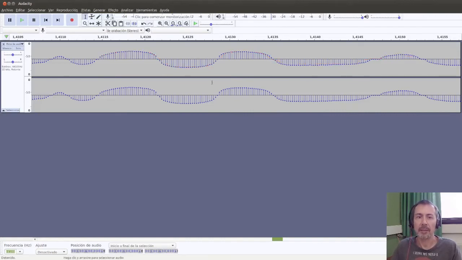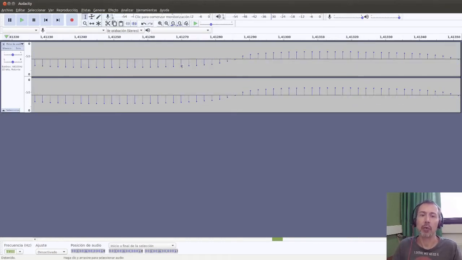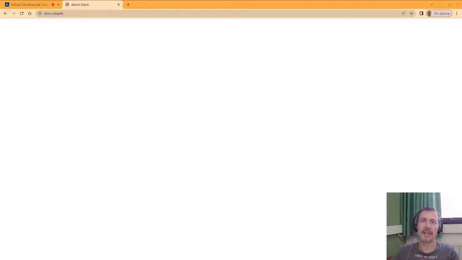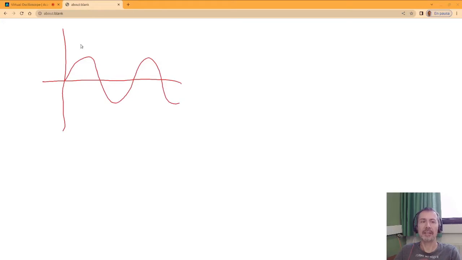Between any two points, we don't know what the value of the signal was, but we assume that it is continuous and we can reproduce the signal. This technique is called sampling because what we are doing is taking samples of the data at a determined interval. So for example, we have the signal.